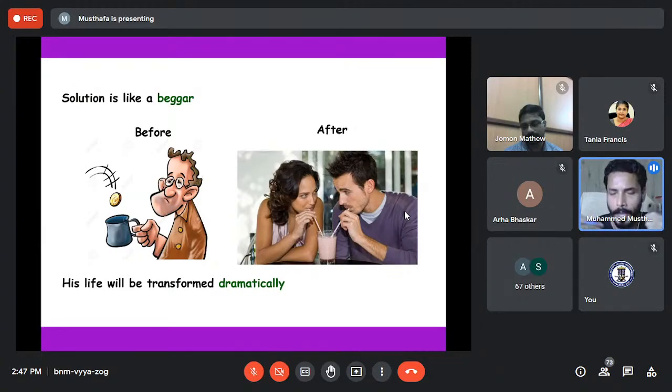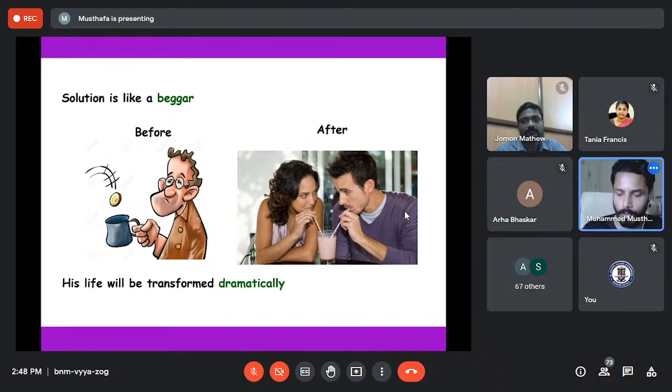So something quite dramatic happens to the solution side of the interface, not much to the metal side. That is why all these theories are primarily concerned about the solution part of the electrical double layer. Because solution is simply the beggar, something quite dramatic happens to it, not to the metal.